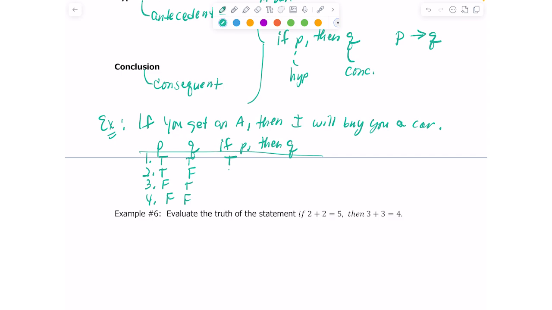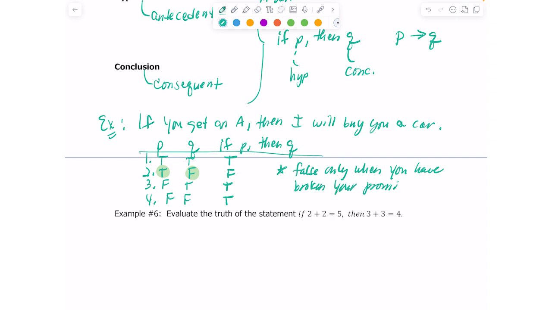So the only time an if-then is false is if the hypothesis is true and the consequent is false, right? So it goes true, false, because I broke my promise. Think of it like that.